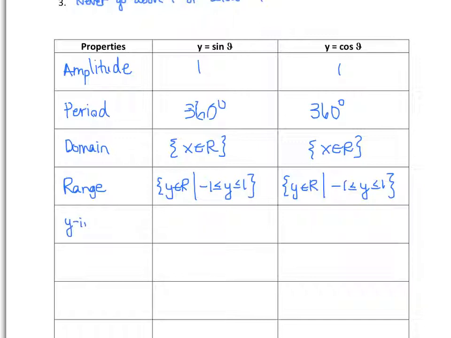We want to compare the y-intercepts for these two graphs. For y equals sine theta, the y-intercept is 0, whereas for y equals cosine theta, the y-intercept is 1, because of course the cosine of 0 degrees is 1. All right, the x-intercepts.